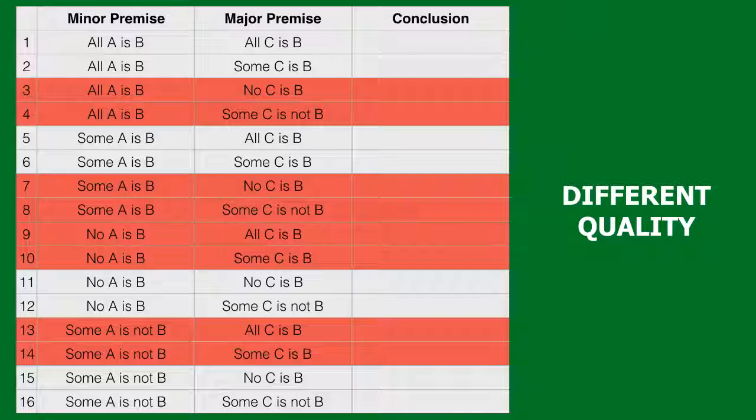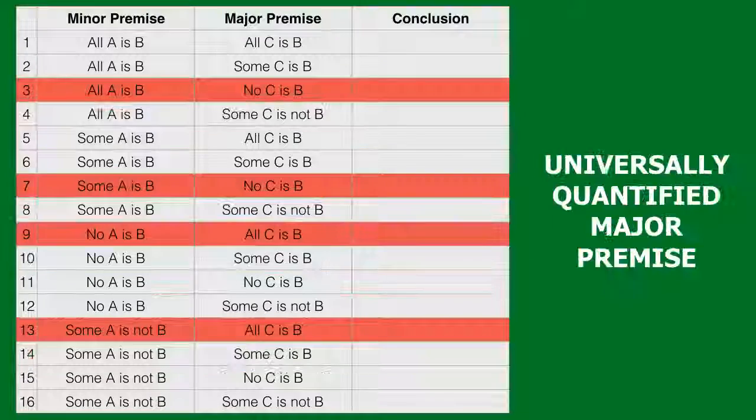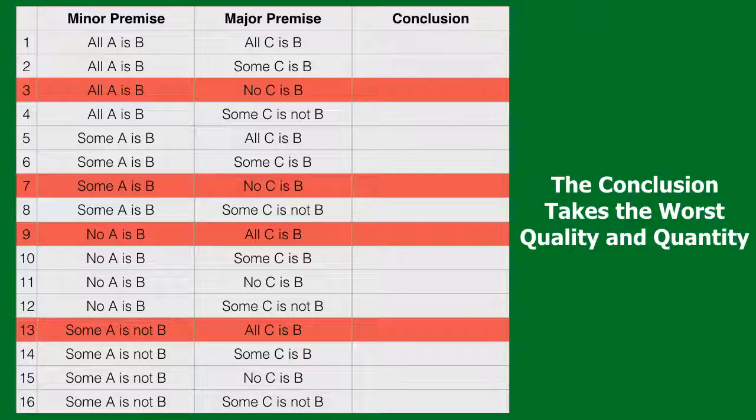The second condition was that the major premise must be universally quantified, and that eliminates 4 of the possibilities, and we're left with these 4 modes. These are the 4 modes of the second figure that give you a conclusion, and you can work out the conclusion very easily. The rule is that if you know that a particular mode of any of the 4 figures concludes, then if one of the premises is negative, the conclusion is going to be negative. And if one of them is particularly quantified, then the conclusion is going to be particularly quantified.